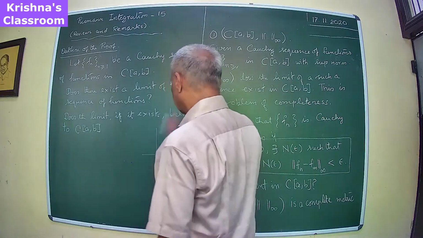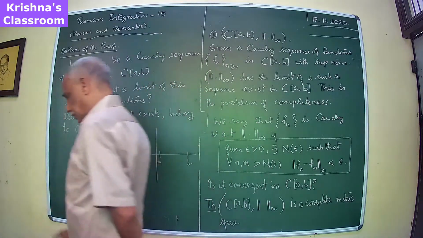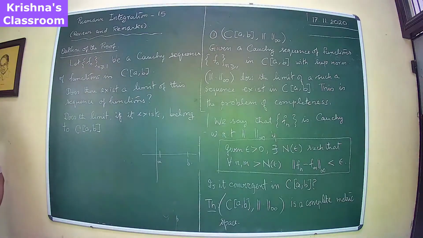So what you have is a sequence of functions. Now first we hit on a limit for this set of functions.